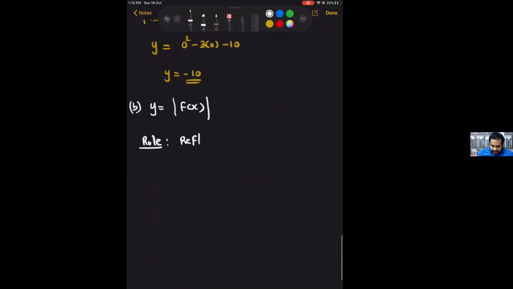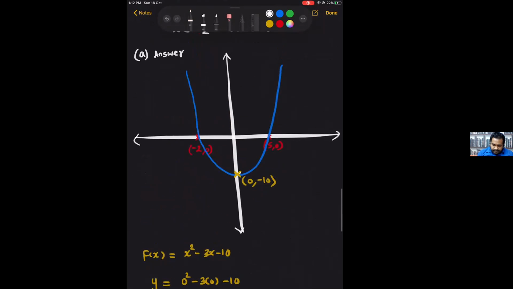Reflect all the negative part of y into the positive y-axis along the x-axis. So that means minus 10 becomes 10.